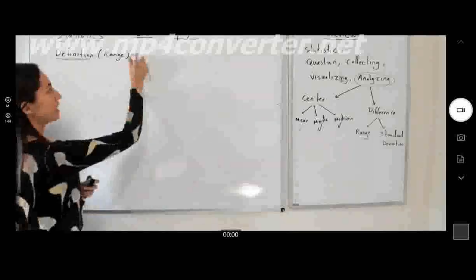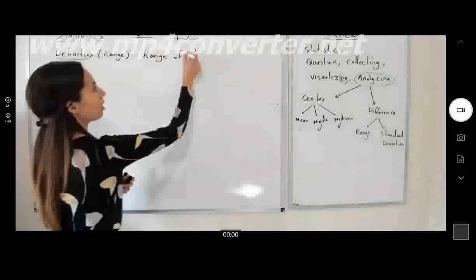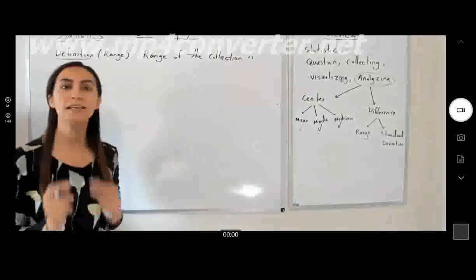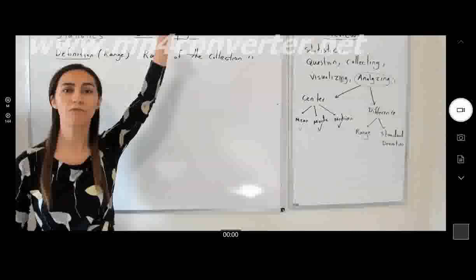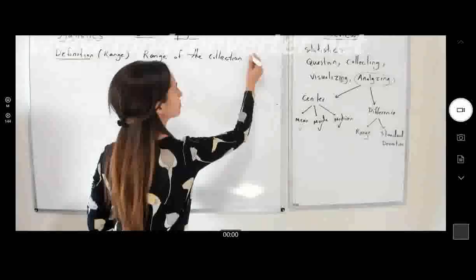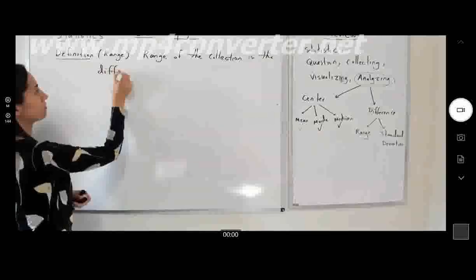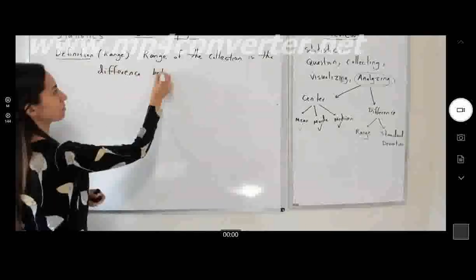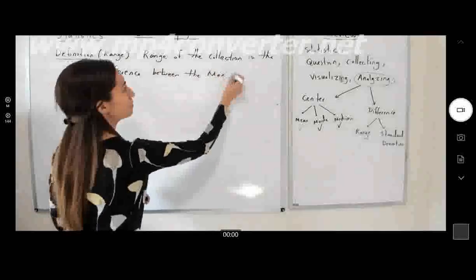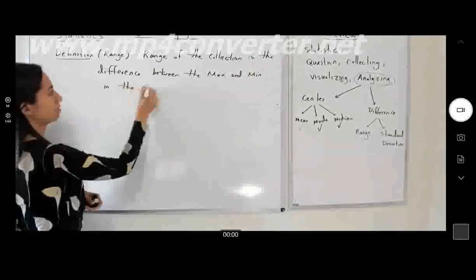Range of the collection is the difference between the maximum value in your collection and the minimum value in your collection.